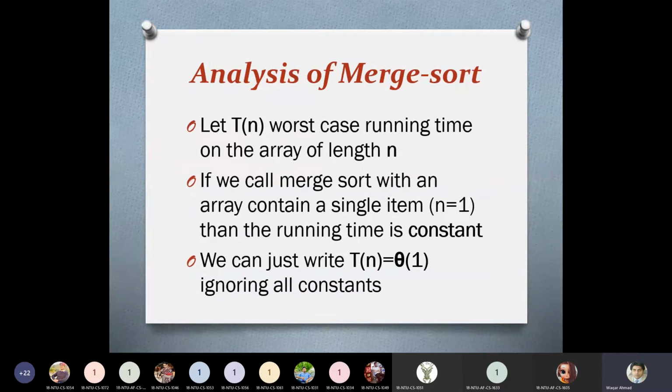Let T of n be the worst-case running time on an array of length n. If we call merge sort with an array which contains a single item, in that situation the time of the algorithm T of n is equal to theta 1.